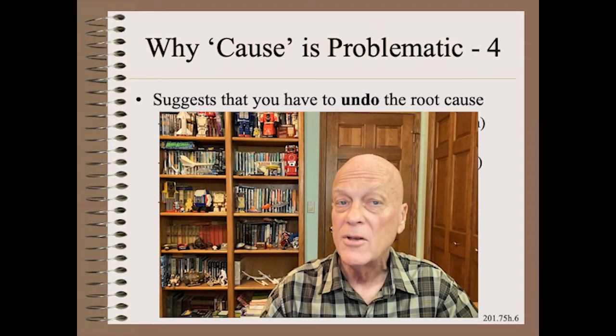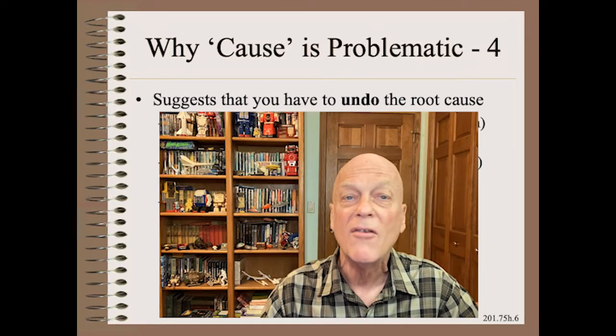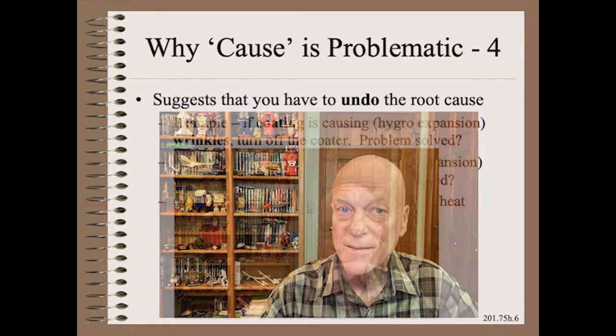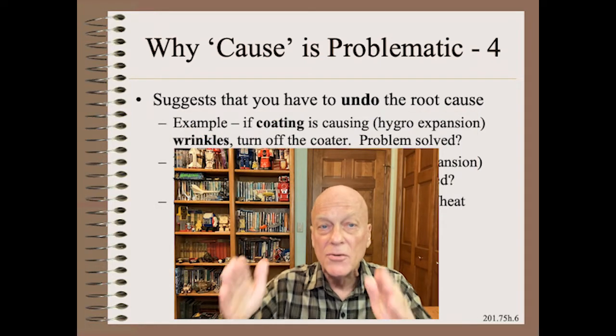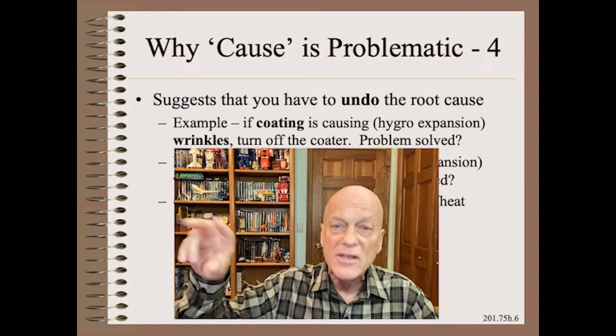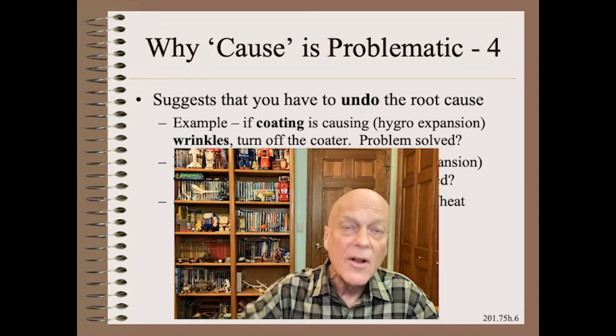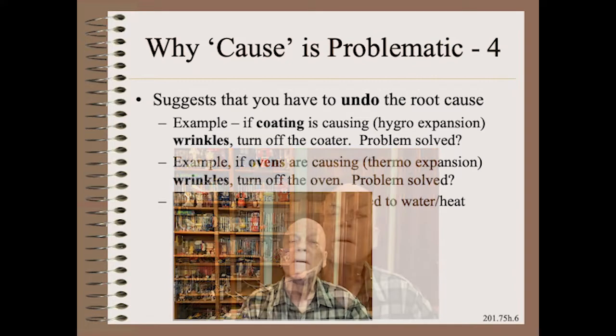Consider the following two wrinkling cases that I teach in the wrinkling module of my Web 101 class. If coating is causing wrinkles due to hygroscopic expansion, then turning down or turning off the coating would help with the root cause.